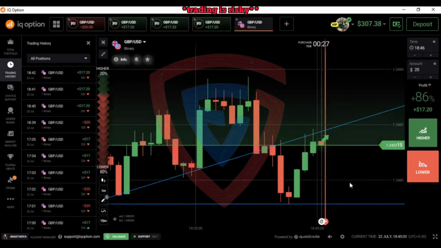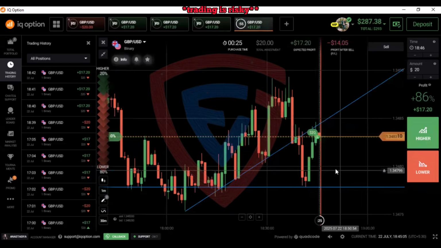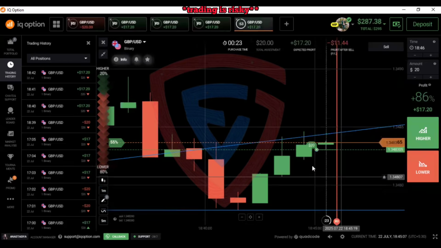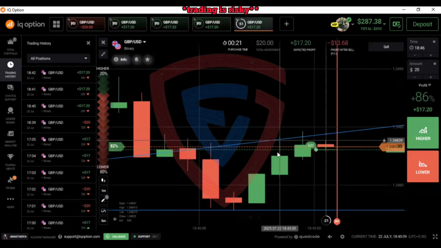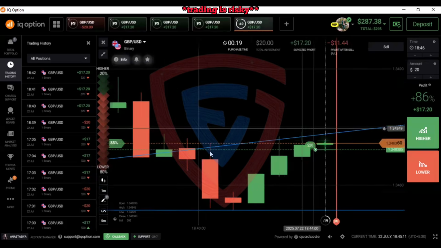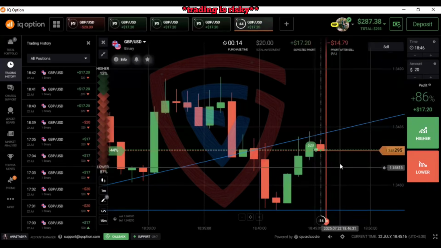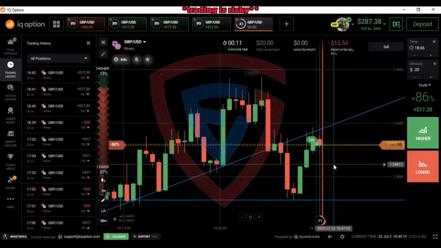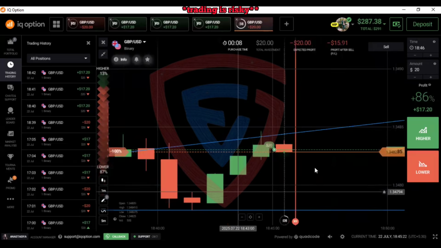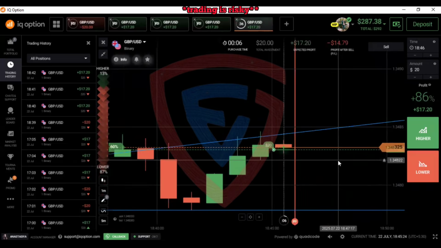So I will place a higher option trade instead of a lower option trade because it is a sellers' area, but after rejecting, there is no sellers' entry compared to this point and there is a gap to the next level too. So it's better to place a higher option trade. That's why I placed a higher option trade with some margin of safety. Okay, let's see what happens here.